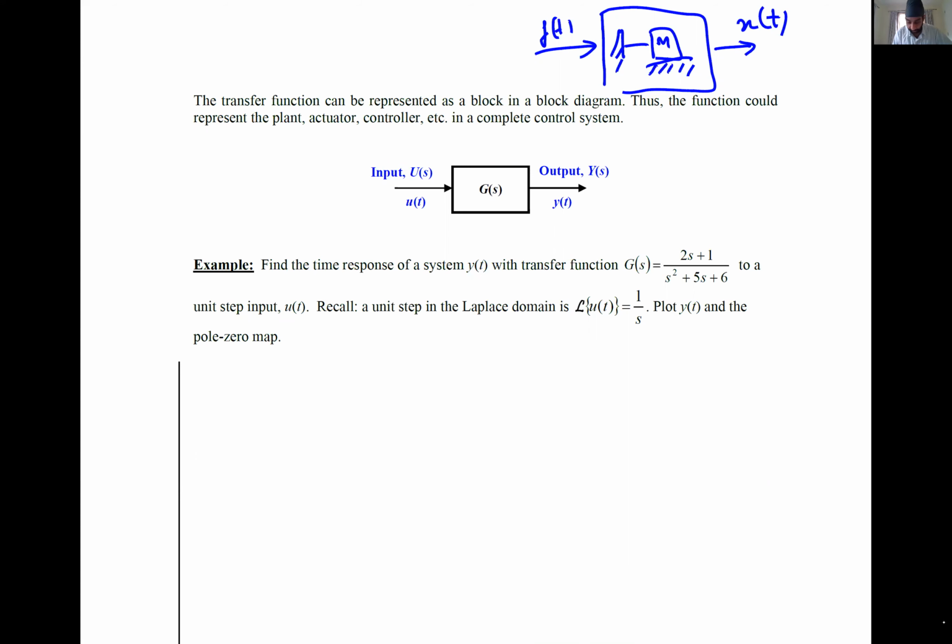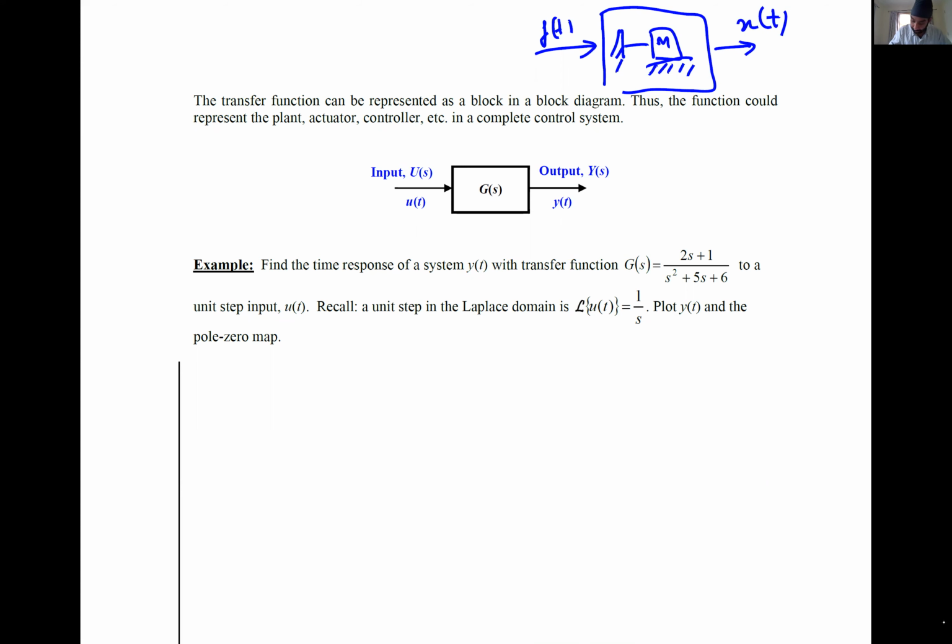We have an input, shown by either U(s) or u(t). The system is represented in a block by the transfer function G(s), and the output that I'm getting is Y(s) or y(t). Notice that in the time domain, how x depends on F is described through the differential equation, and there is no easy way of finding x for a particular F without solving that differential equation.